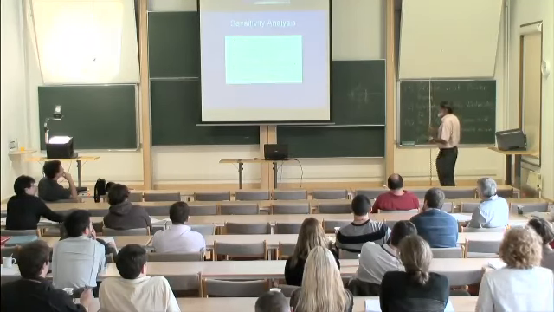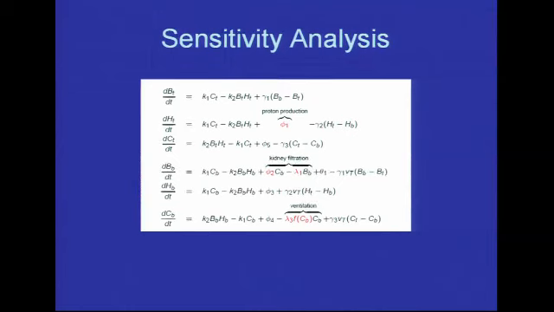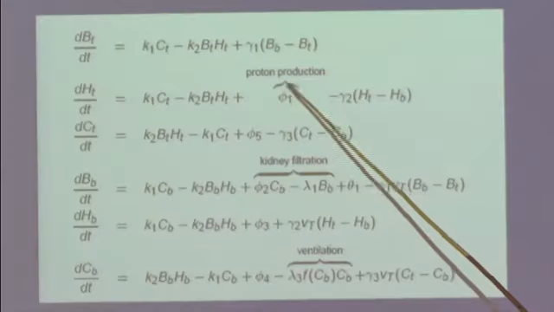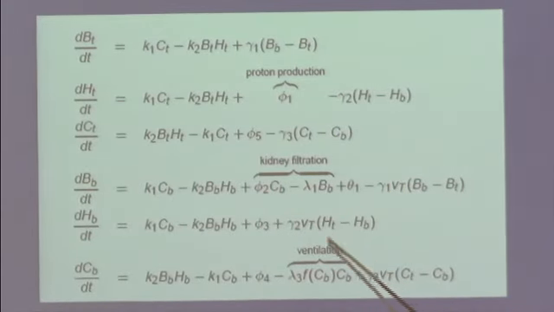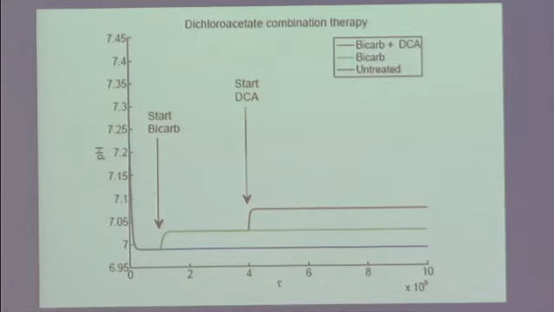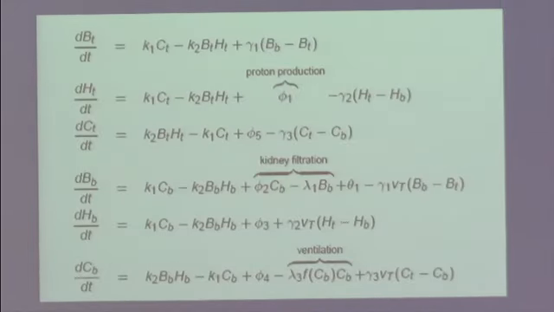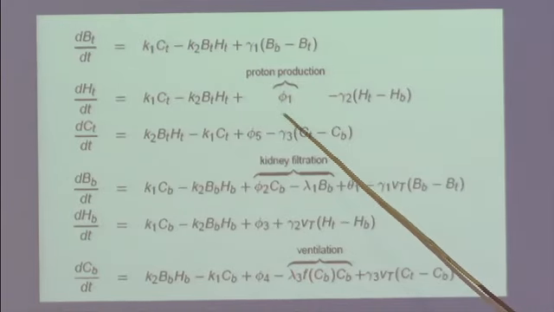And our analysis, so we go back and we do all this. I'm not going into the details again, actually can't really see these things. These parameters here, red parameters here, are the ones to which the model is most sensitive. And so that has suggested that we do a combination therapy. In fact, it turns out it's most sensitive to proton production.